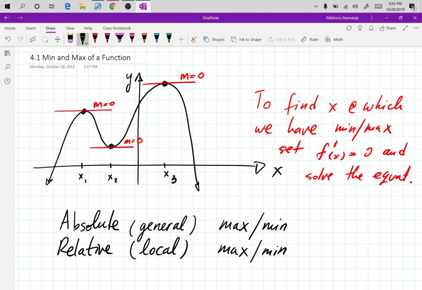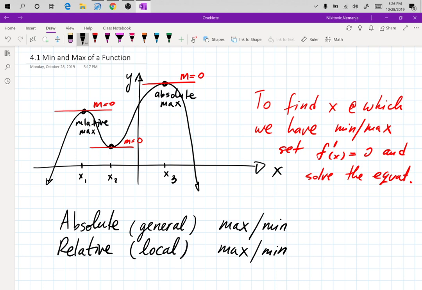When you look at the graph that is presented to you, the maximum on the left and the maximum on the right are not the same. You see that the one on the right is higher, on the y value, than the one on the left. So this one we call absolute max, and the one on the left will be called relative max.